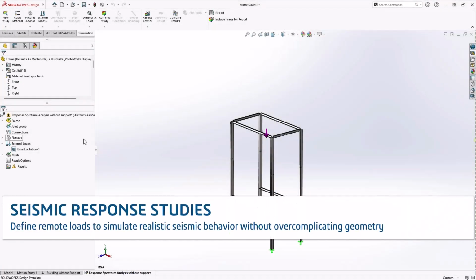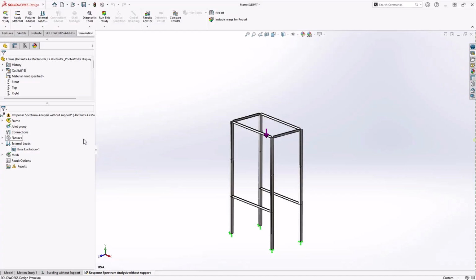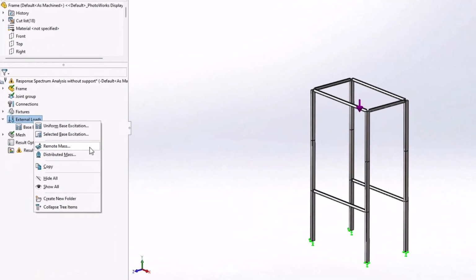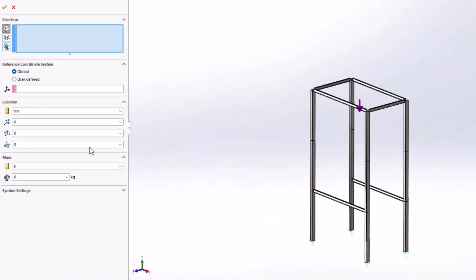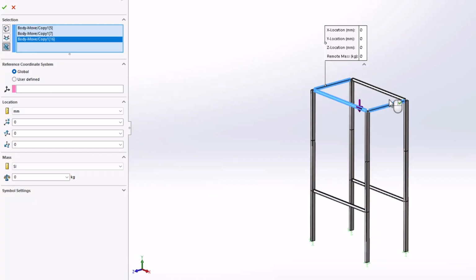This structure is also being reviewed with a response spectrum analysis to evaluate how it performs under seismic loading. To complete the setup, we need to account for heavy equipment mounted on the frame. In the past, that required modelling the full geometry or leaving its effects out altogether.